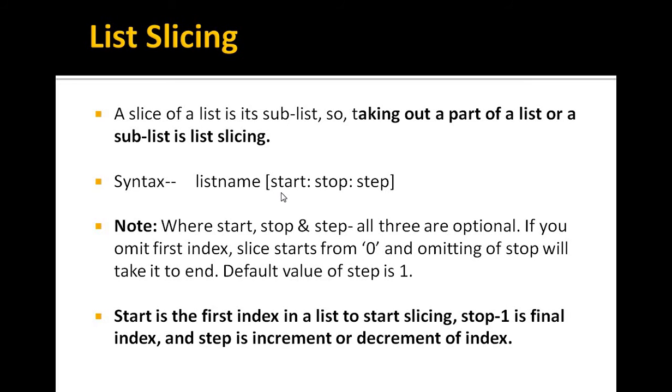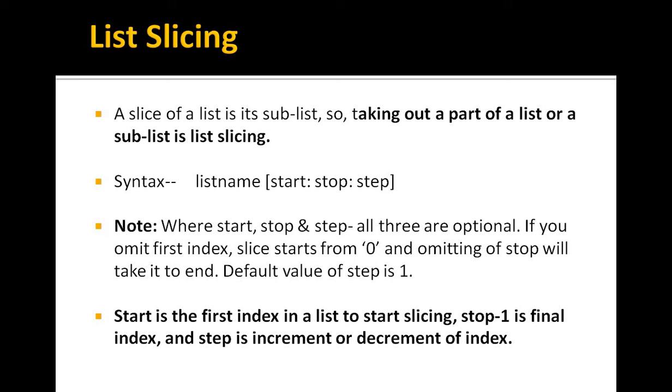If you omit start, then the list slice will start from the very first value of the list. If you omit stop, the list slice will end at the last value of that list, and when you omit step, the slice value indexes will have a gap of only 1.